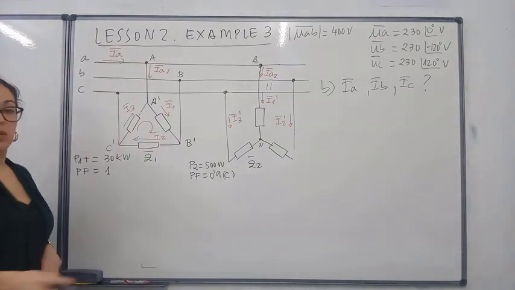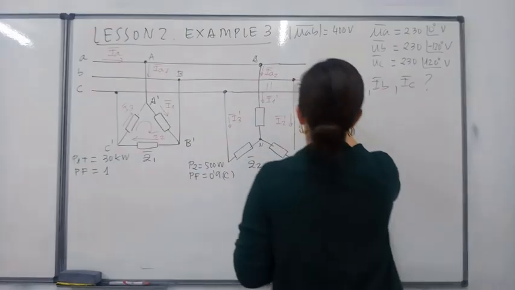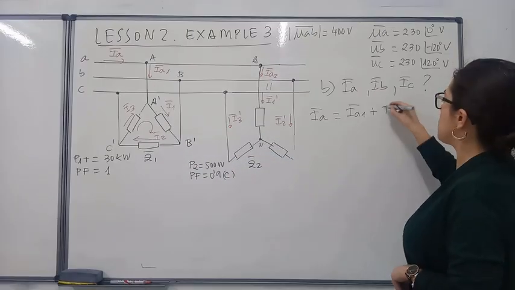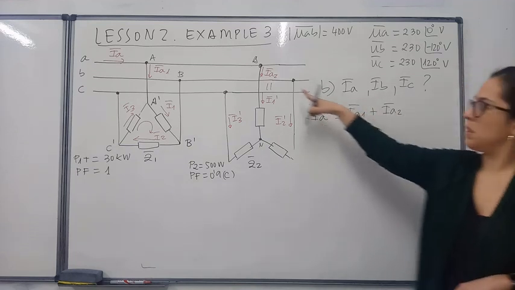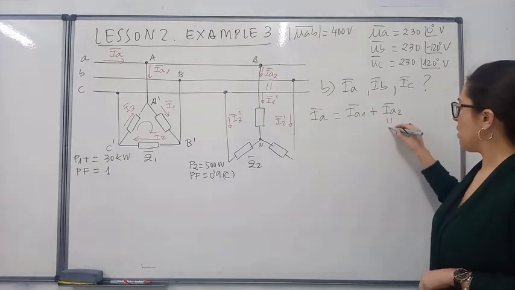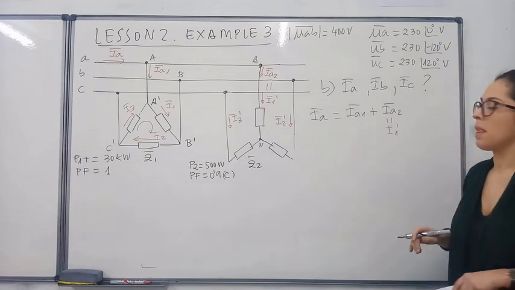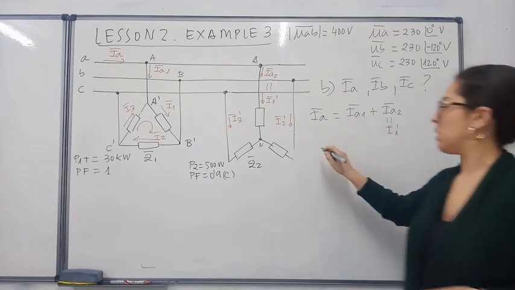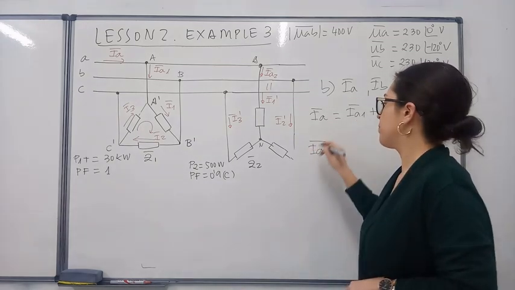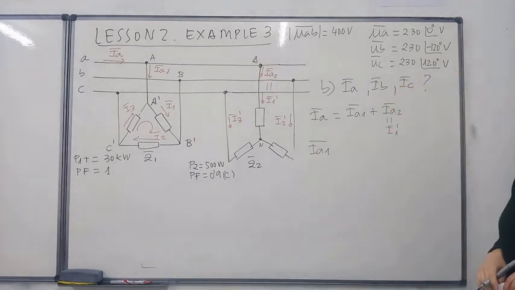So, as you can imagine, IA would be equal to this sum, where this value is the same that we have already calculated. So now, our purpose will be to obtain this current here. How could you obtain that current?